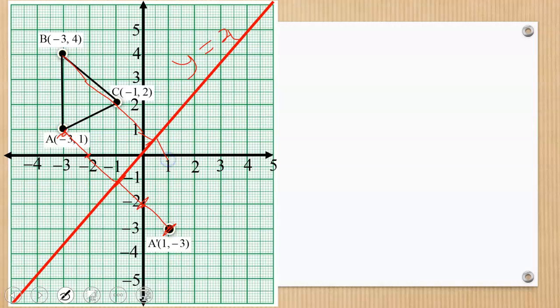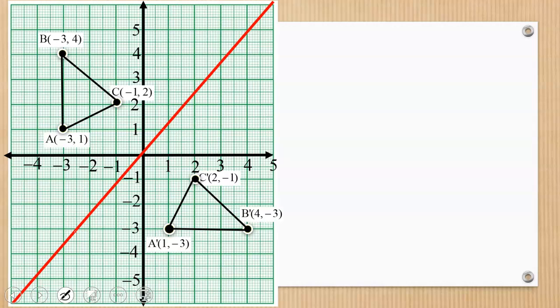Then half again, 1, 2, 3. Then I'll get my image here. Then C, I move 1 and then half, then I move half and then 1, and I plot the C there. When I join them, I get this kind of diagram, which is like a flipping over the mirror line.